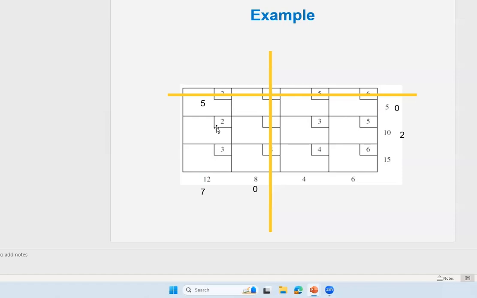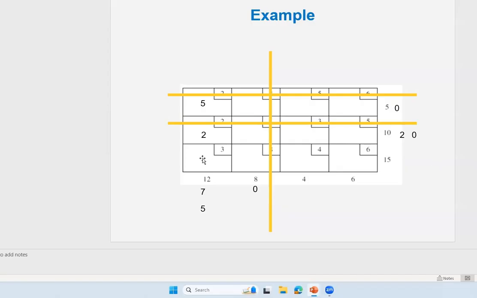What's the minimum cost? 2 again. What's the minimum of 7 and 2? It is 2. 2 minus 2, 0. 7 minus 2, 5. Which one is 0? That one. Cross it.